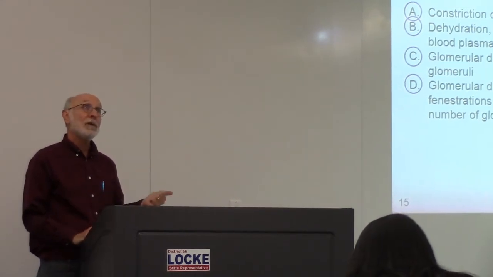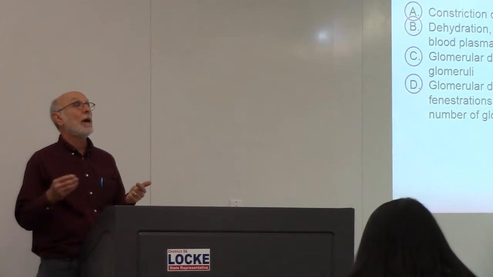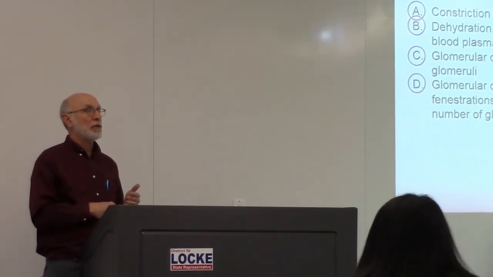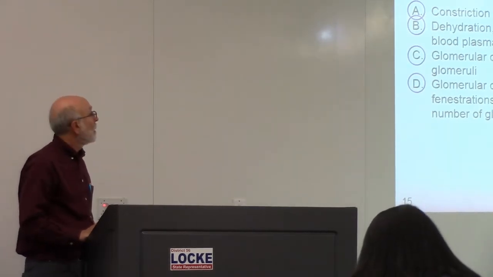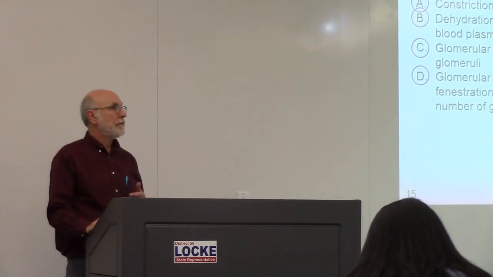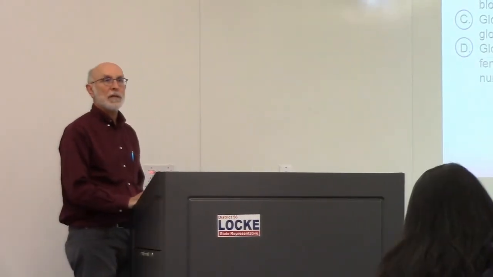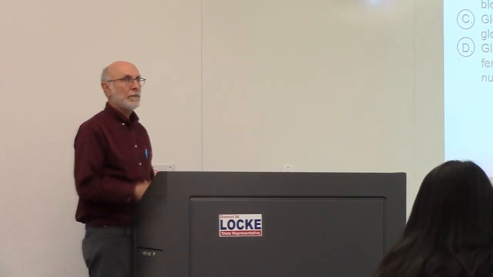More solute, that is to say more albumin, more osmotic pressure opposing filtration, so that would decrease filtration rate. If we decrease the number of glomeruli, we decrease the filtration rate, and if we block, we gum up the filtration works, we decrease the filtration rate. So they're all correct. Questions about this?